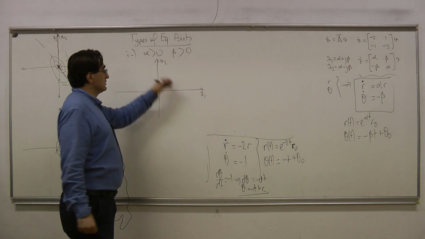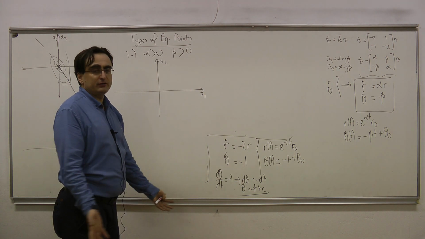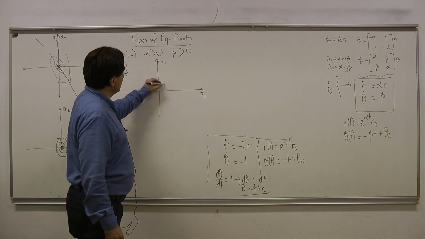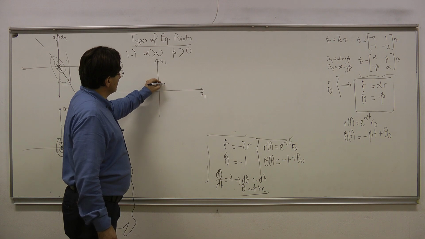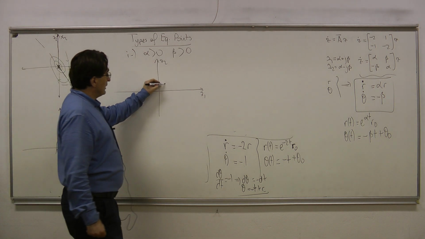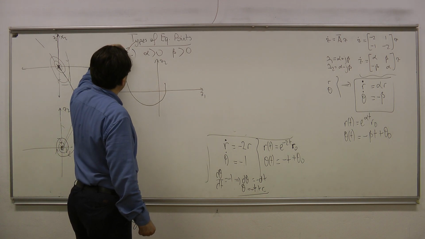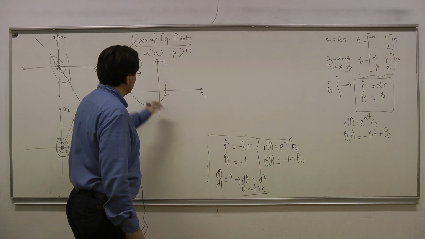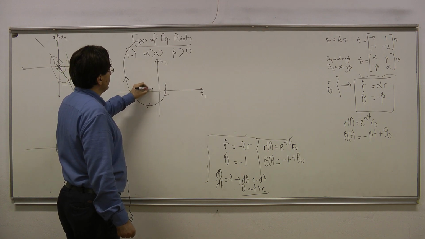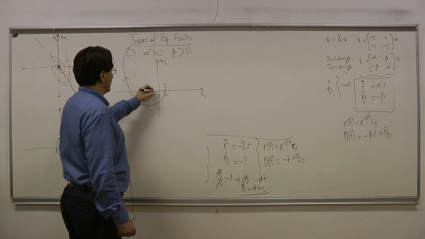So if beta is positive, clockwise rotation. If alpha is positive, I would see that the radius is going to diverge to infinity. If I start from here, I will rotate in the clockwise direction, just as in our example, but the radius is going to get larger and larger. So we are going to get a divergence of this form, and this is going to be correct for any initial condition that I start from around the origin, except for the origin.